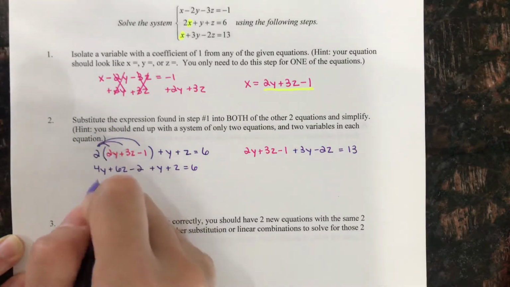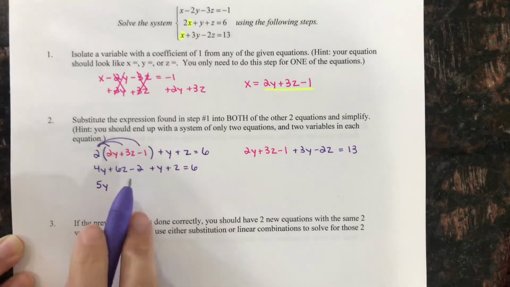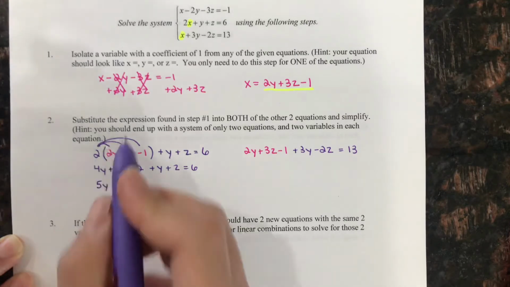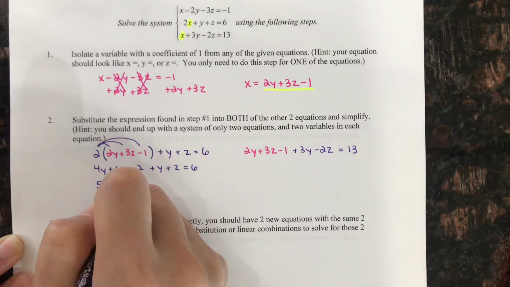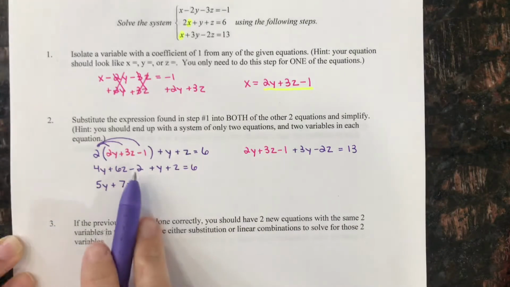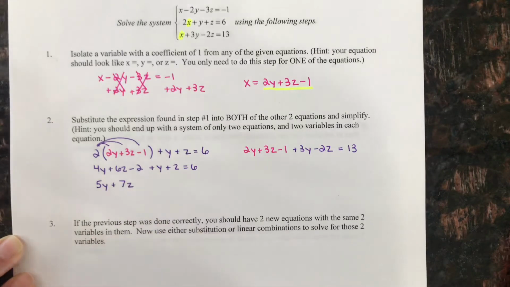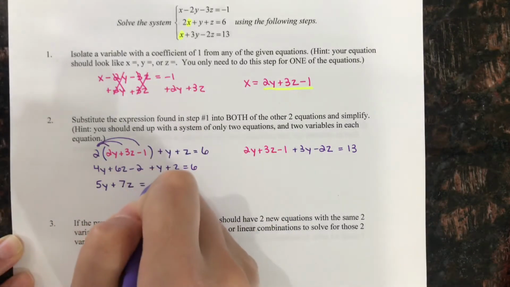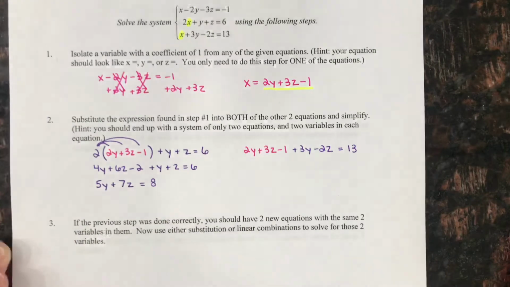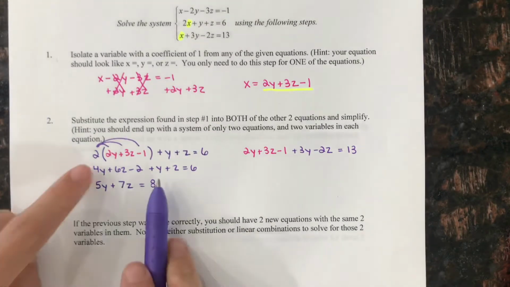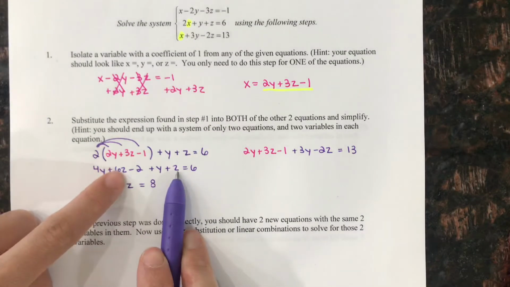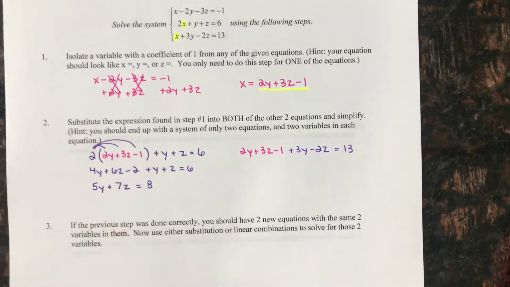So I have 5y, 6z plus another z, that's 7z. And I'm actually going to move the 2 over to the right-hand side. We're getting this into standard form. Okay, so combine the y's, combine the z's, and then move that 2 over.